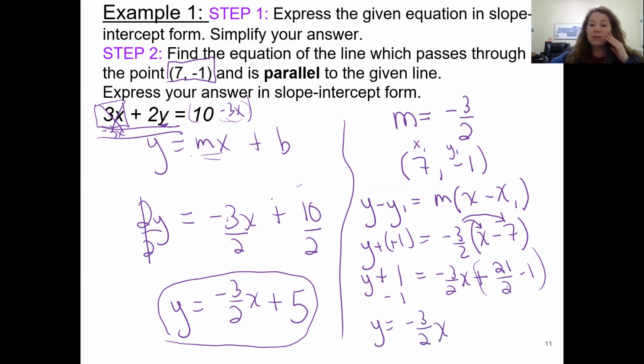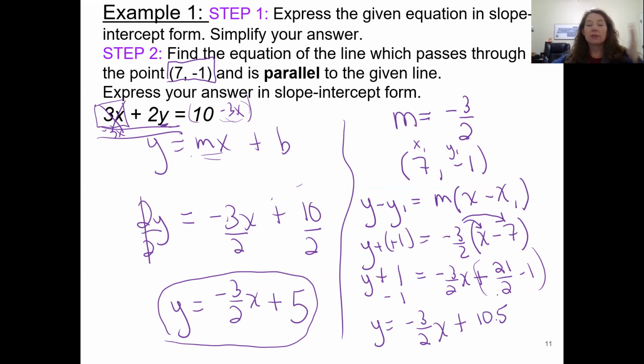So first of all, 21 divided by 2 is 11.5. So I know 11.5 minus 1 is positive 10.5. Or I could write that as a fraction.